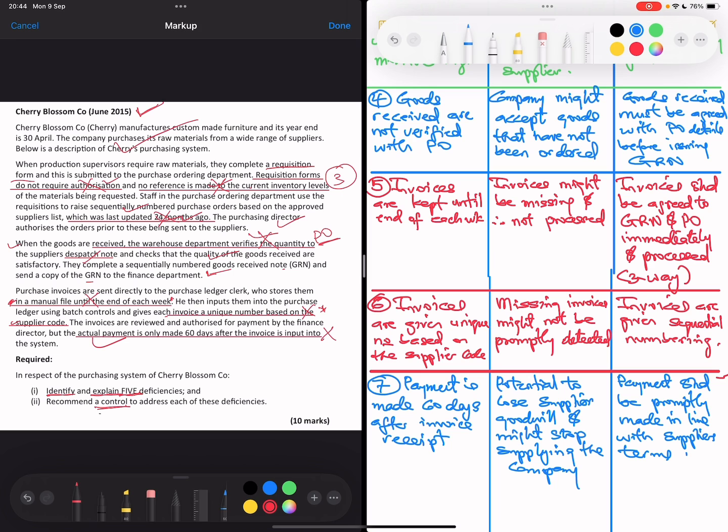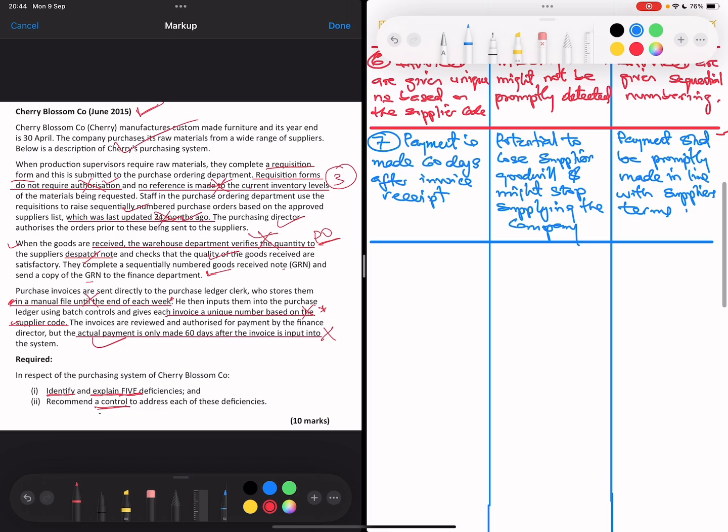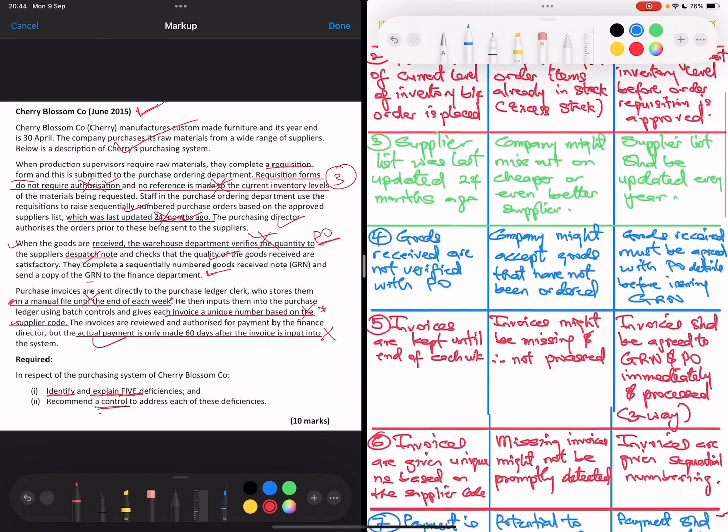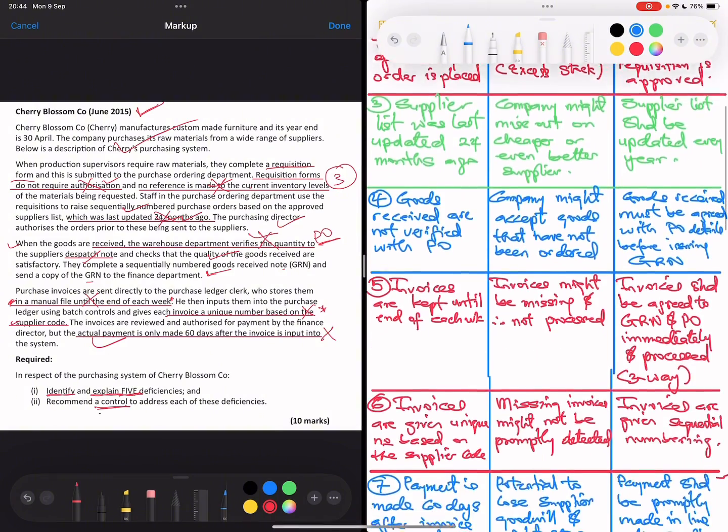And if you don't get goods from your supplier, you're gradually going out of business, because that's a critical part of your value chain. So those are 7 good deficiencies in this small question.